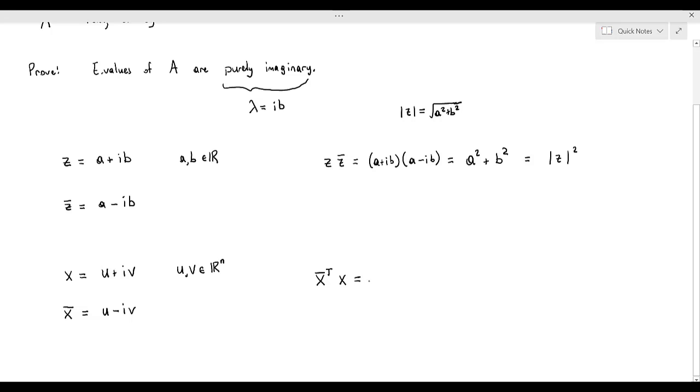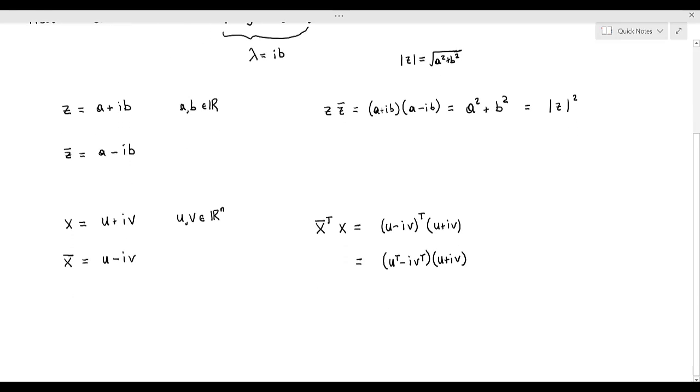Okay, so how is this going to work? So x conjugate is u minus iv. So we have that transpose times x, so times u plus iv. And when I have u minus iv transpose, that is the same as u transpose minus iv transpose times u plus iv.